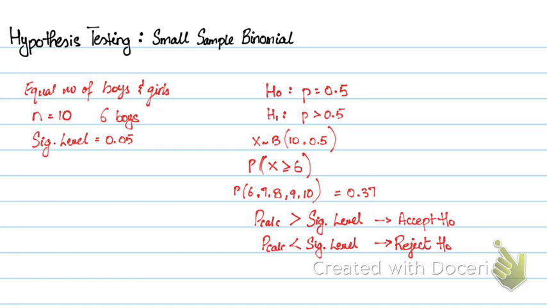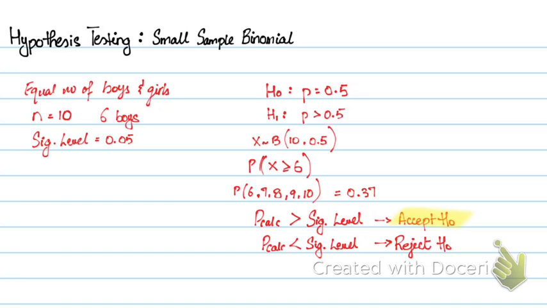In this case our calculated probability is 0.37, while our significance level is 5%, 0.05. So since our calculated probability is greater than 0.05, we accept our null hypothesis.